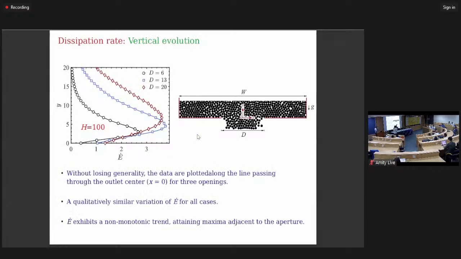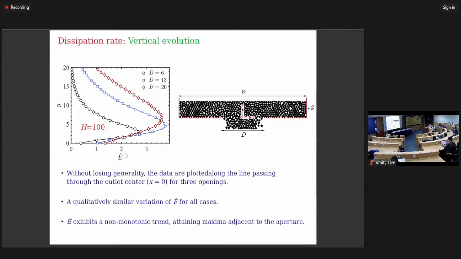Looking at the dissipation rate, I will pick this point here at the center and go vertically and plot the energy dissipation rate for 3 different outlet sizes, and we see that it varies non-monotonically. Here y equal to 0 means the outlet, and when you go up, we are going through the central line.